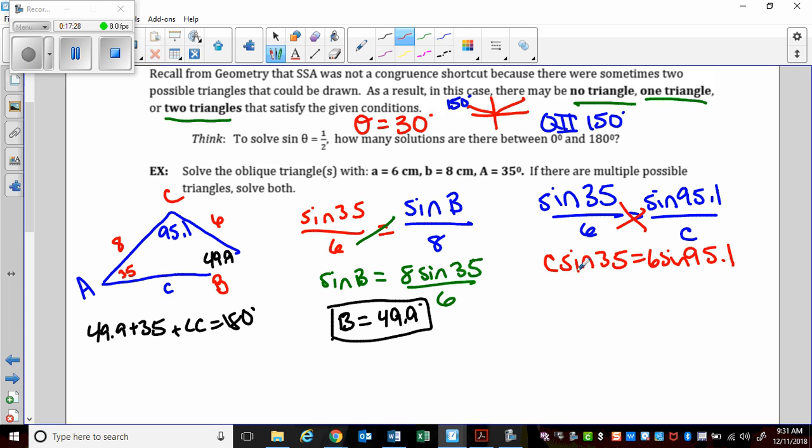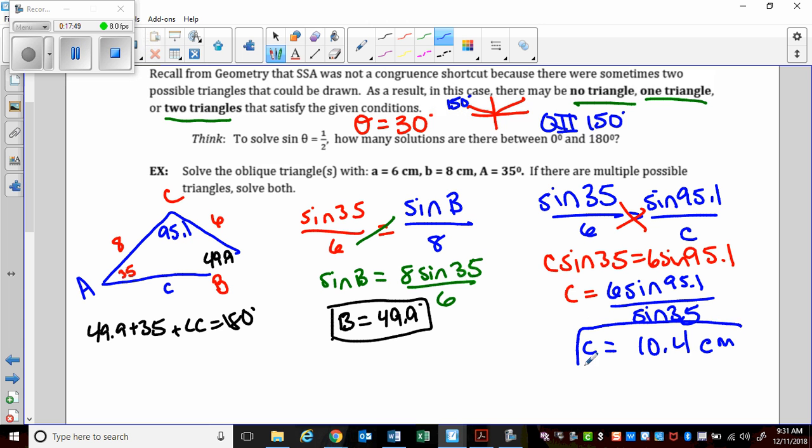Divide by sine of 35. c equals 6 sine of 95.1 over sine of 35. So c is going to equal 10.4 centimeters. This all works out if there is one triangle. This works. There's 10.4 centimeters.